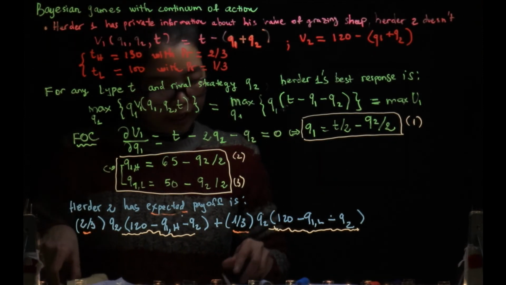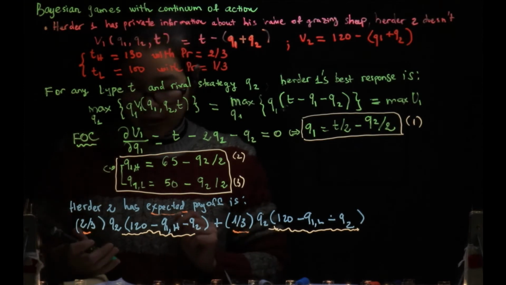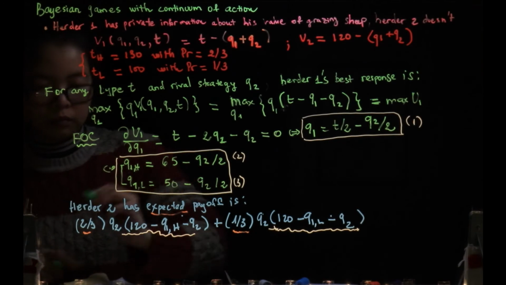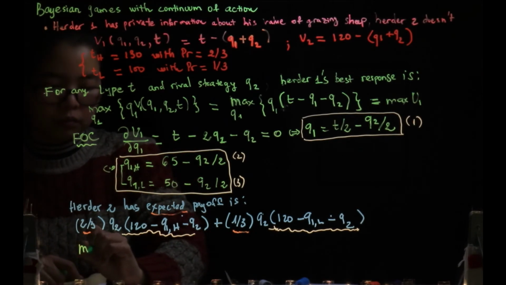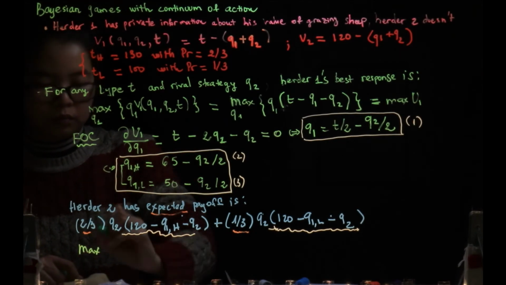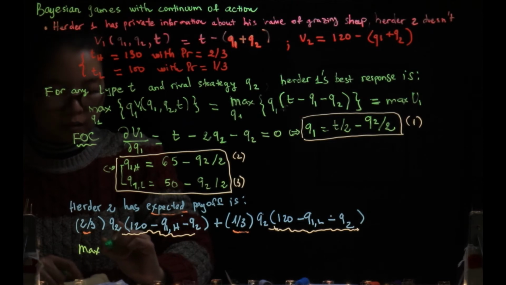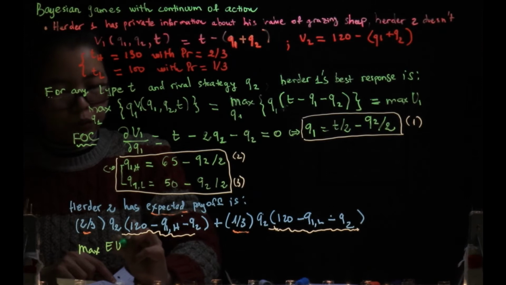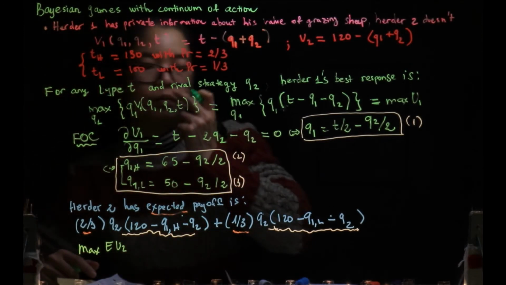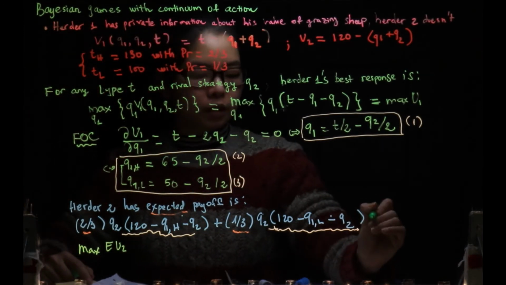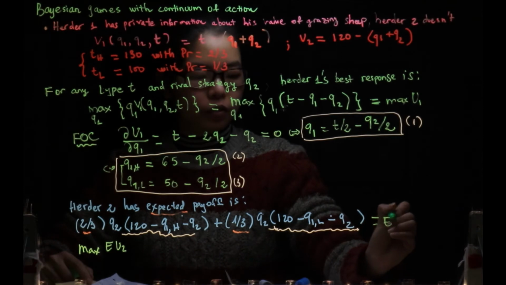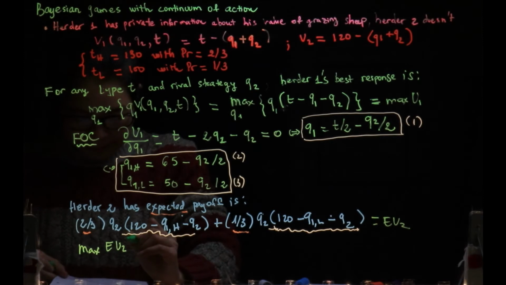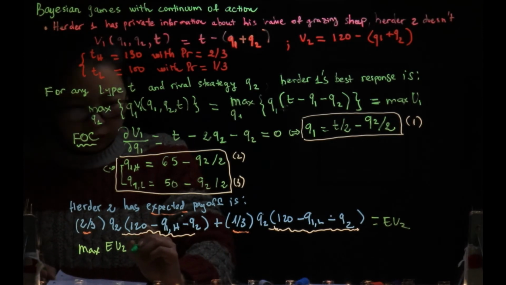So we could again maximize this expected payoff, max EU2. This is EU2, equals.